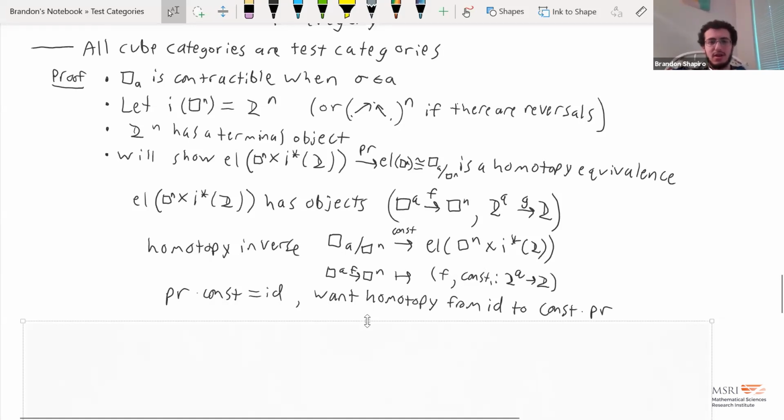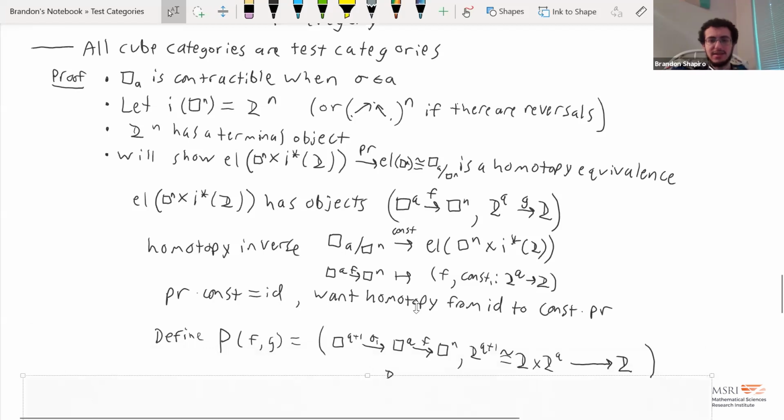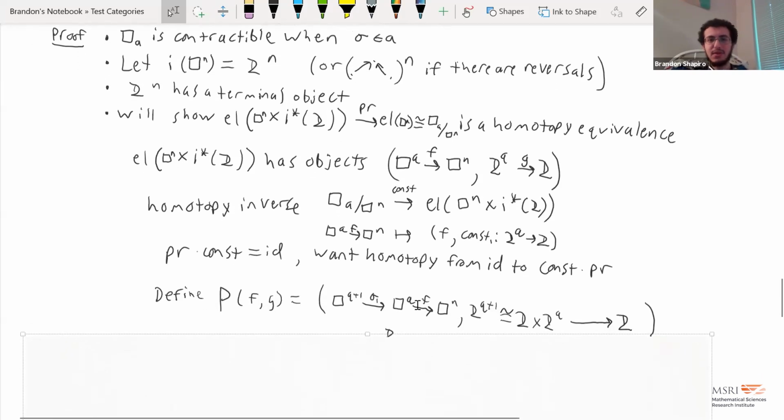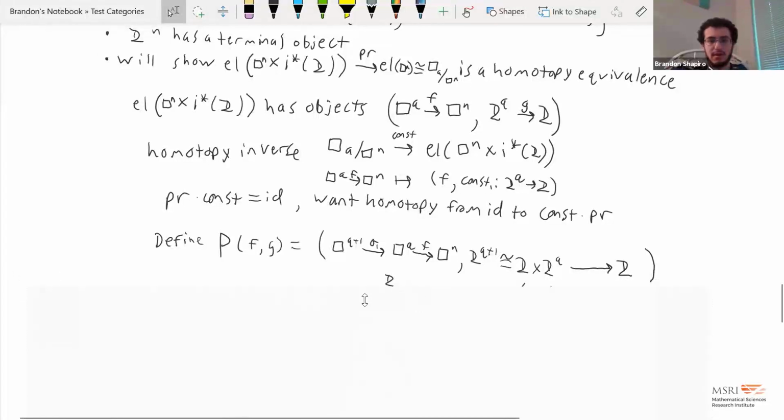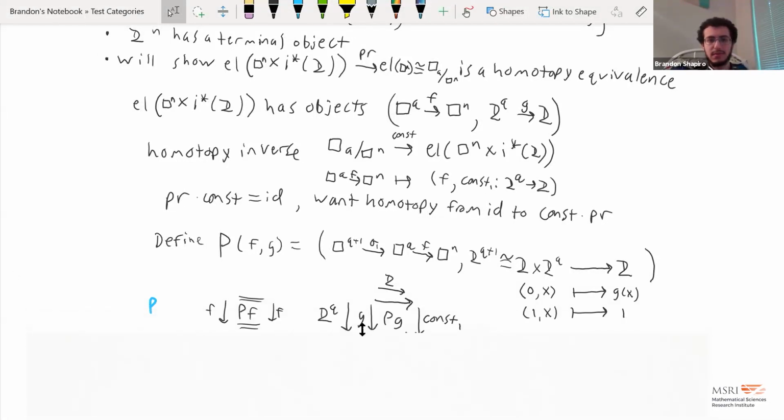So we need a homotopy in the other direction on this category. And we get that using exactly the same kind of argument, where we do the same thing in the left component, where we just precompose with a degeneracy. And on the right, we also take 2 to the Q plus 1, and we send it, if the first component is 0, to g of x, just as before.